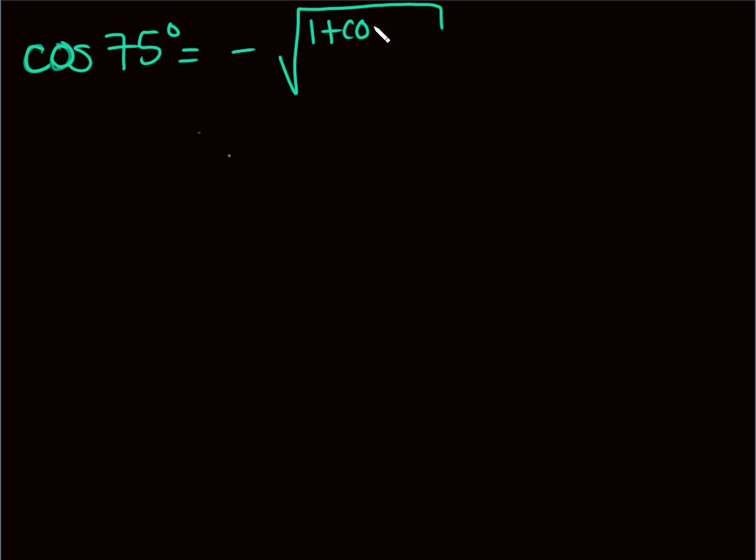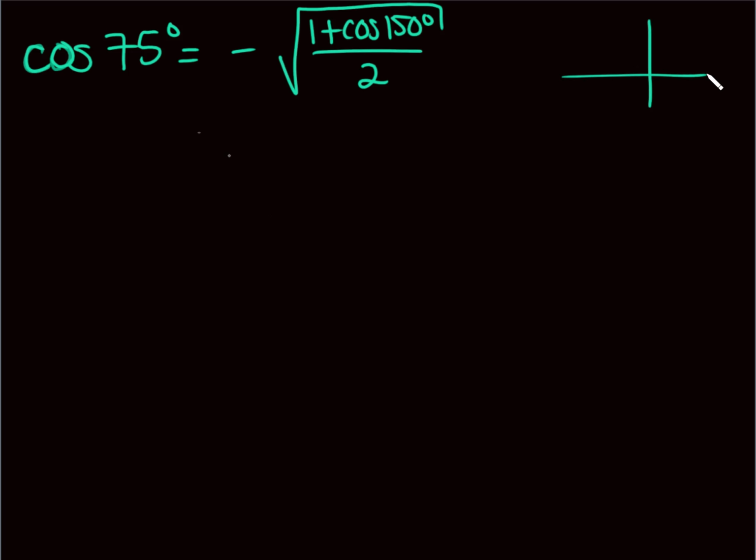All right. So what did I have again? We had the cosine of 75 degrees then was the opposite of the square root of 1 plus the cosine of 150 degrees all over 2. So to find this exact value, I got to find the cosine of 150 degrees.